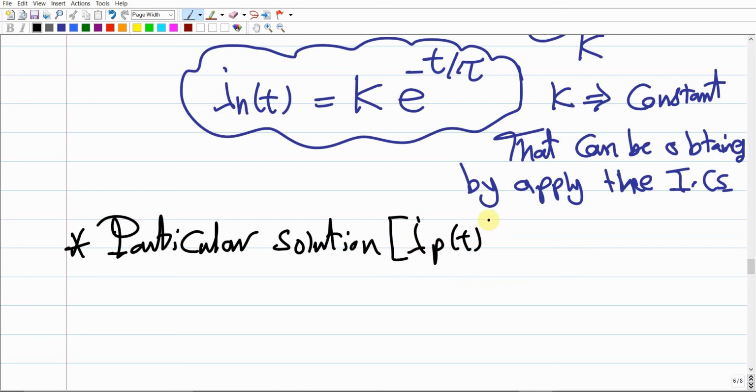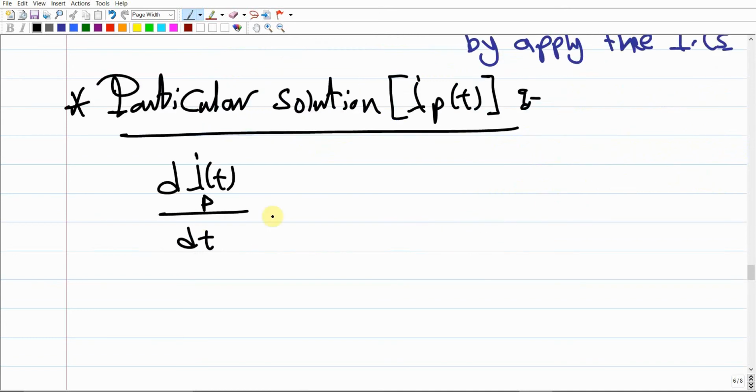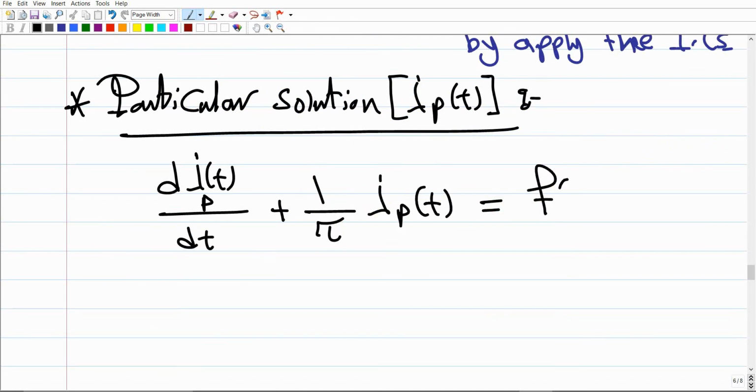In this case, as I mentioned, we write the equation as dI particular by dt plus 1 over tau times I particular of t equals f of t.